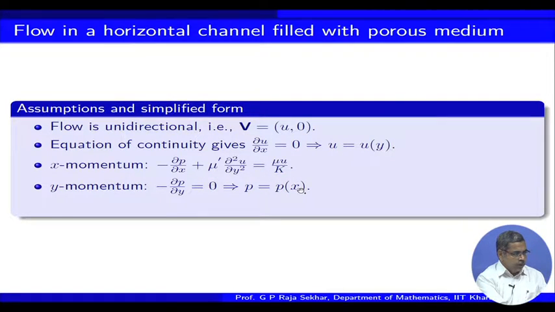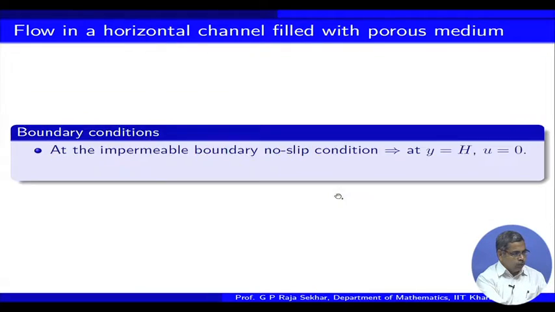With this, we are assuming for simplicity mu dash equals mu, that is, effective viscosity equals the viscosity. Now with this assumption, let us try for the solution.